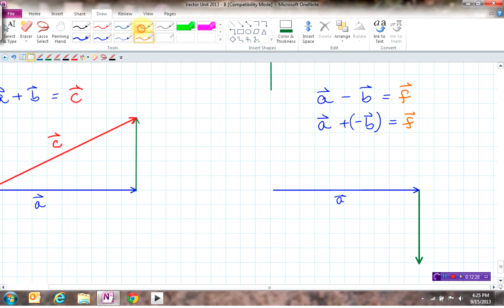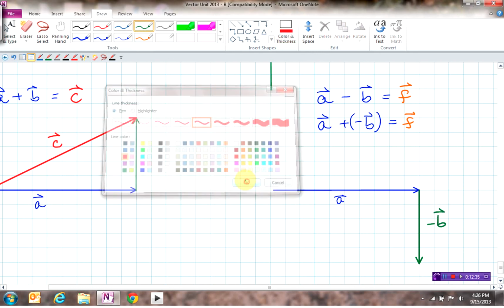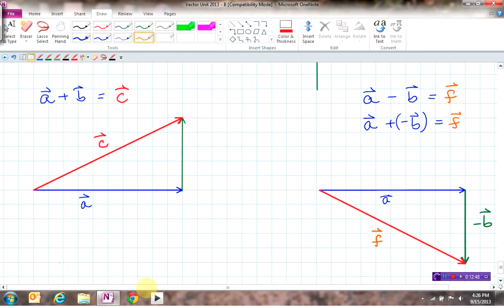And that is labeled as negative B vector. The resulting vector then will be from the starting point to the end point there, and that is going to be vector F. Now it'll have the same magnitude as vector C, but it'll be in a totally different direction, and that means there'll be different vectors on there. Okay?